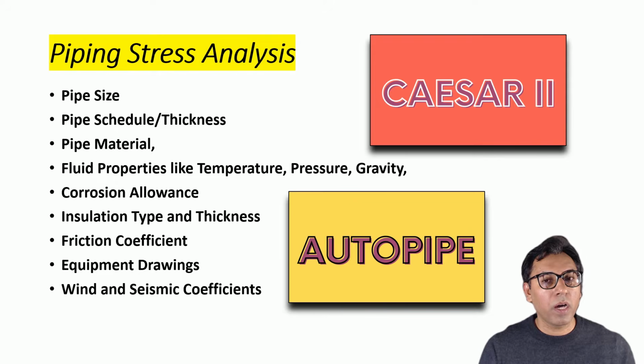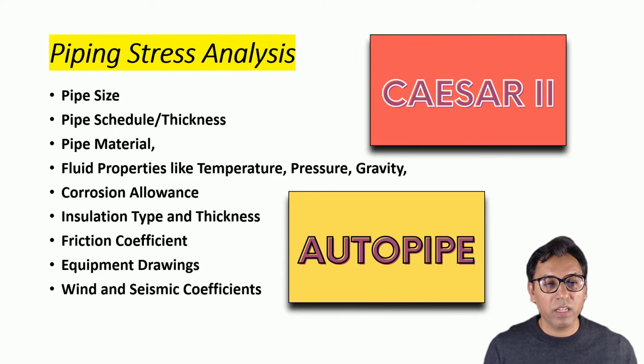We need to know the pipe material, fluid properties like temperature, pressure, gravity, the corrosion allowance, insulation type, and insulation thickness. We need to know the friction coefficient, equipment drawings, and wind and seismic coefficients. So these are the typical inputs needed to perform a stress analysis. Again, this is just brief, and in the next slide I will talk about the typical outputs of piping stress analysis.